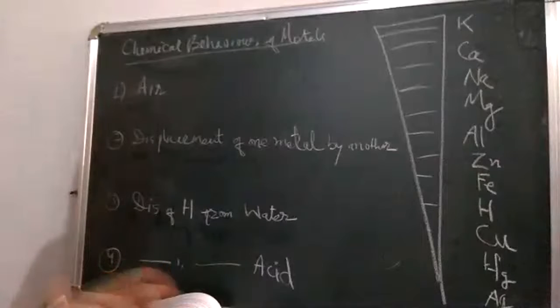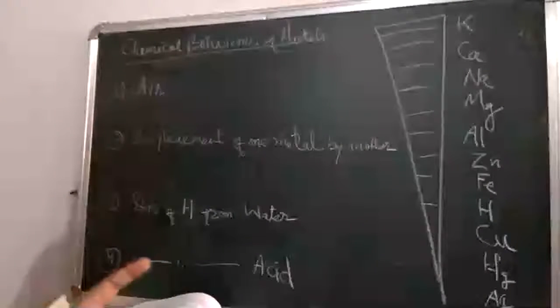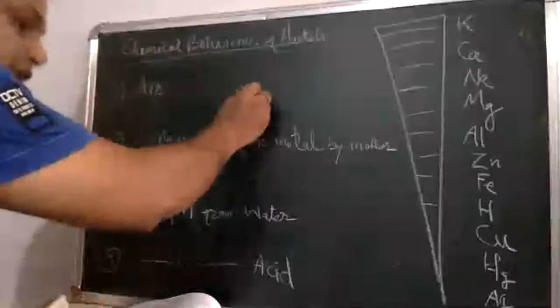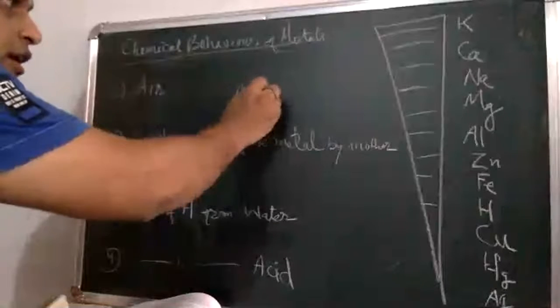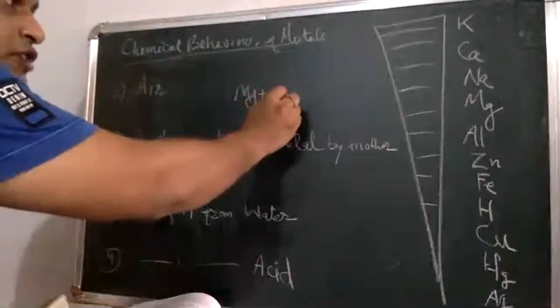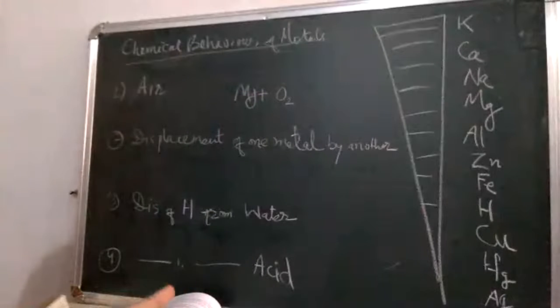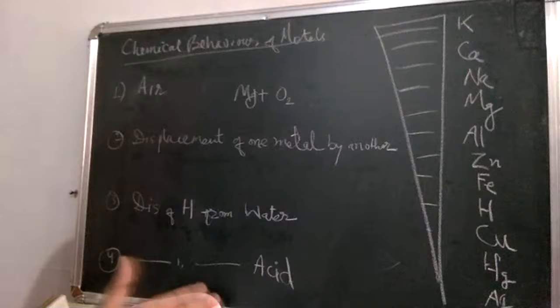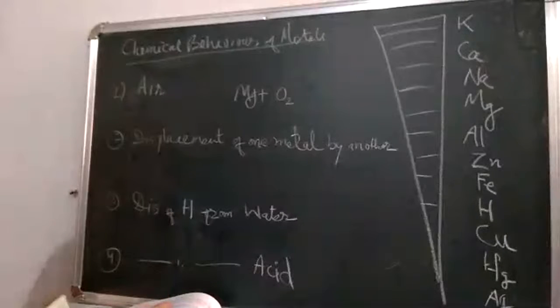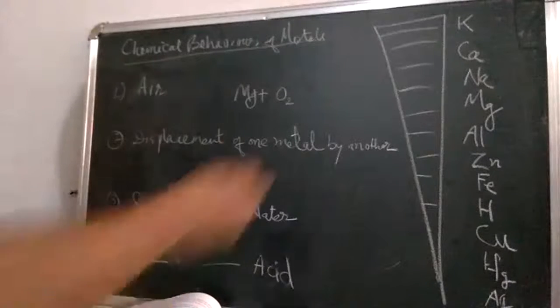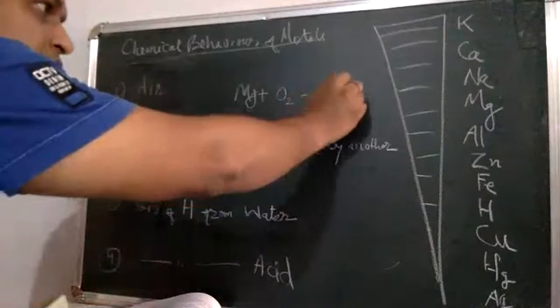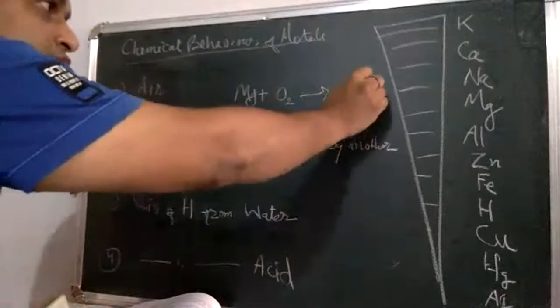If you keep magnesium in air, it interacts with O2, but you have to give a stream of hot air so that the magnesium strip can react with air, oxygen basically. Then it will create its oxide, magnesium oxide.